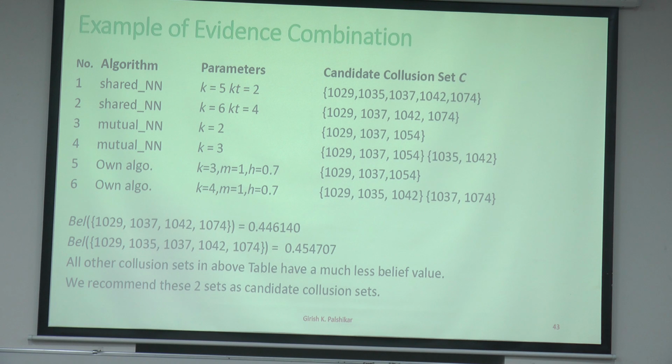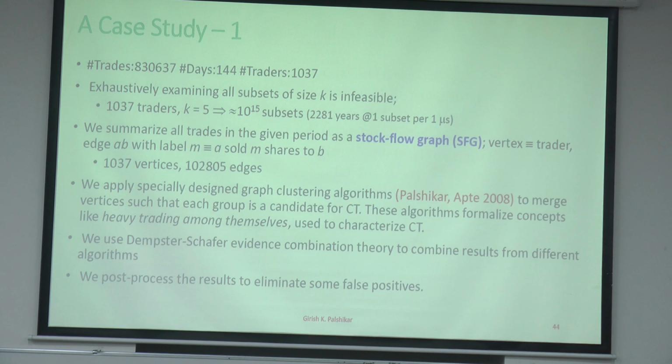It's a very high belief against these 4 people, and very little belief against any other subset. So that's how formally we can now say it. It's not like we just observe the output and say, oh, those must be the guilty people. No, we are trying to combine it much more systematically to actually give a confidence measure to our output, or our accusation, right?